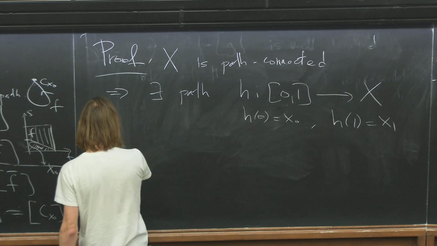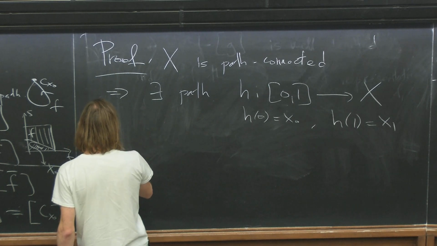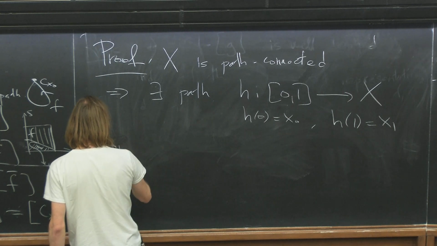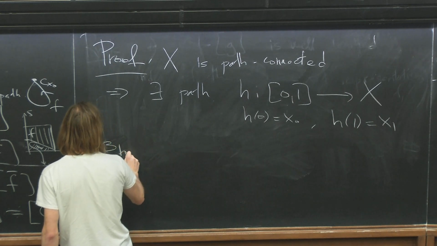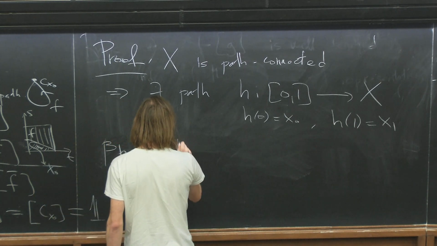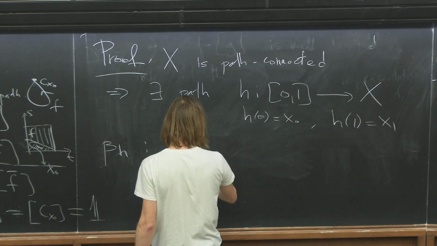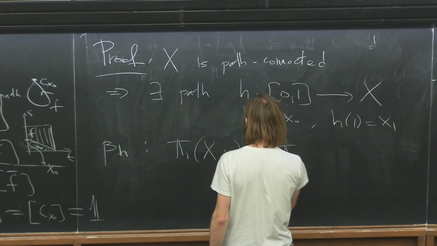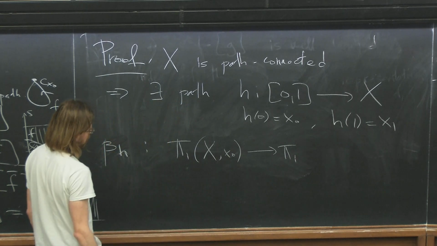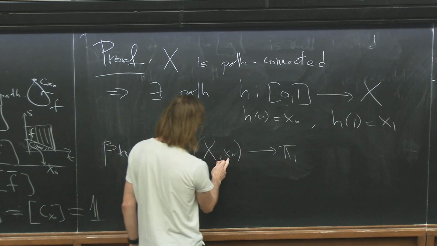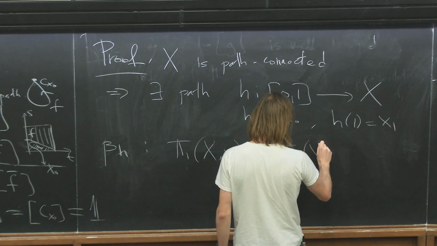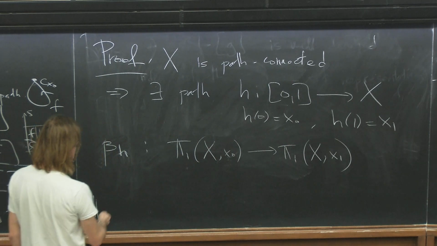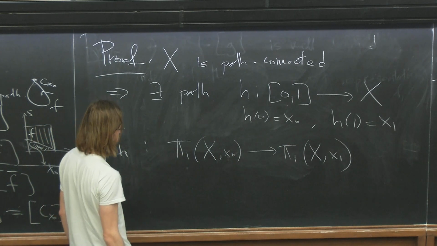And then we will define the following map, denoted beta H, between the corresponding fundamental groups: from the fundamental group of X with base point x0 to the fundamental group with base point x1. Then we will show that this map is an isomorphism.